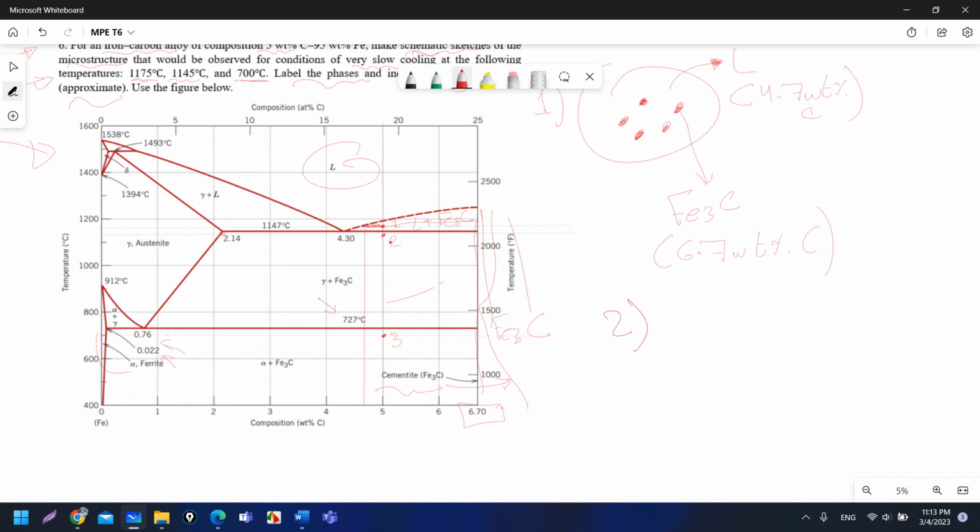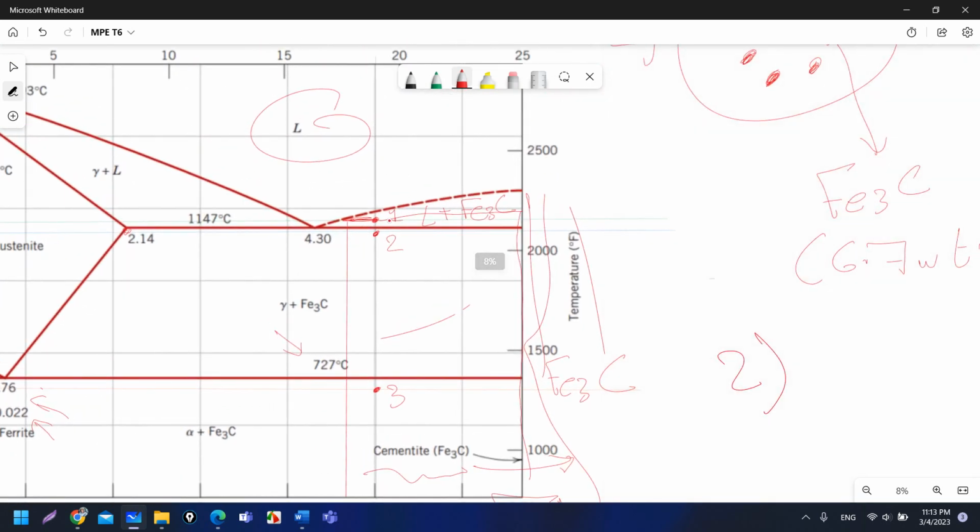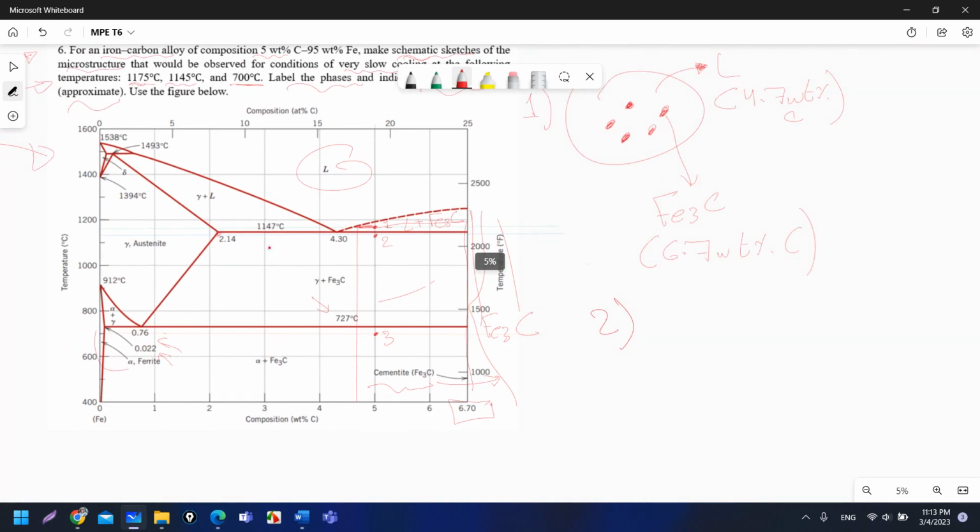Point 2 is below the eutectic temperature. Okay, so it is in this region. This region is gamma plus cementite, austenite plus cementite, gamma plus Fe3C.